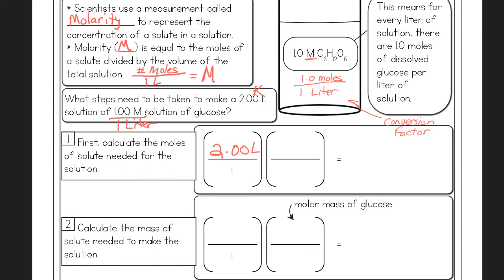If I have liter on the top, I'm going to have liter on the bottom. So 1 liter, and I want its strength to be 1.00 moles. I put that in the calculator, and I'm going to get 2.00 moles. This is a factor label problem. My units are canceling out, and I'm left with moles, which is what I need for this problem.